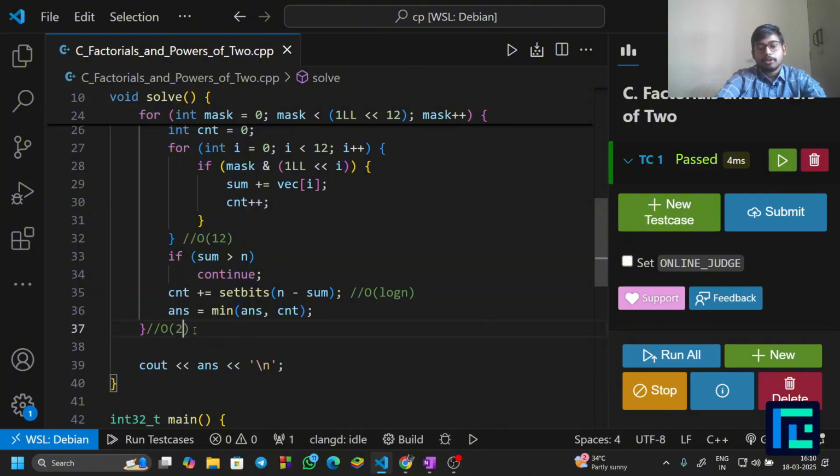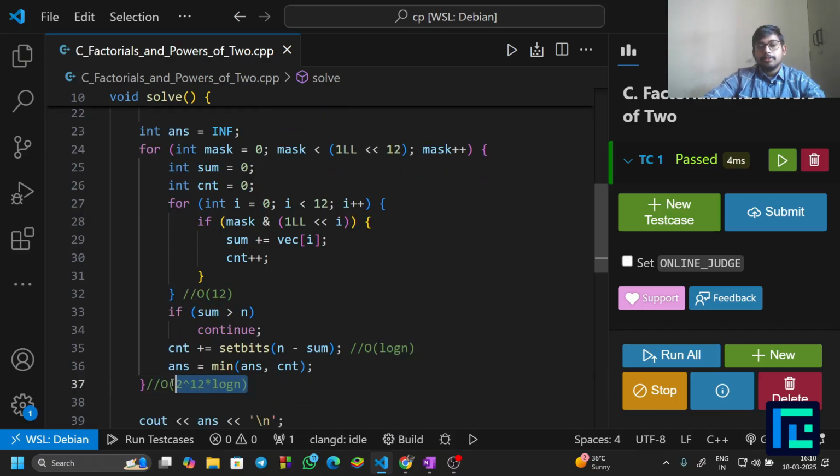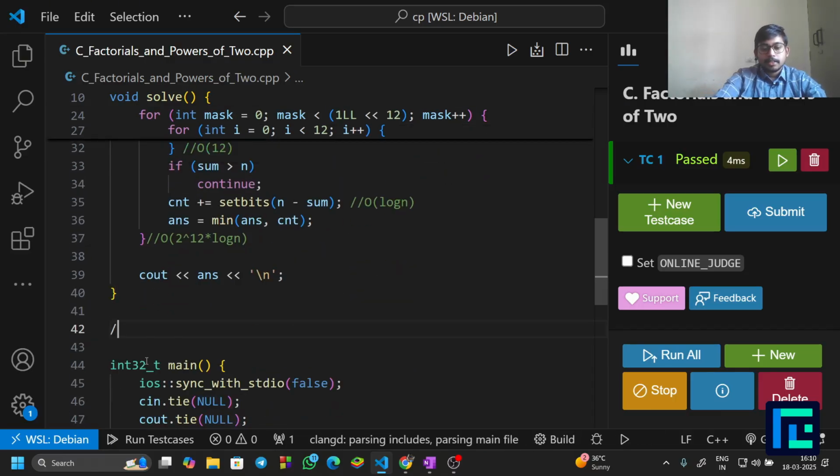Overall this would be 2 to the power 12 into log n, which would obviously exceed 12. Log n would be something like 40 here, so I'm writing log n only as the bigger factor. So overall complexity would be 2 to the power 12 into log n per test case, or I can multiply it with t for the number of test cases.